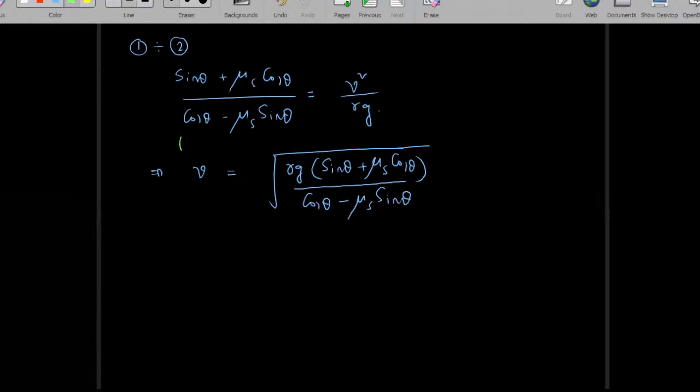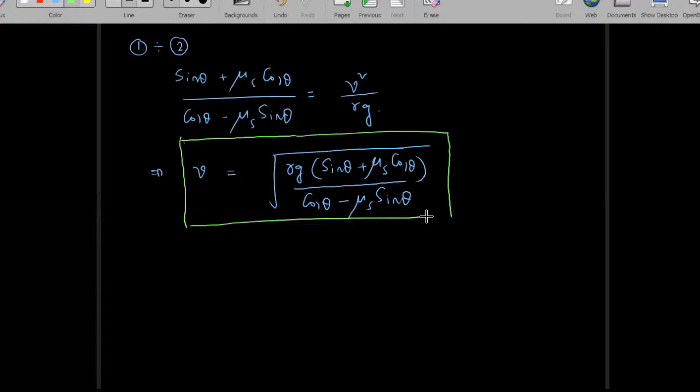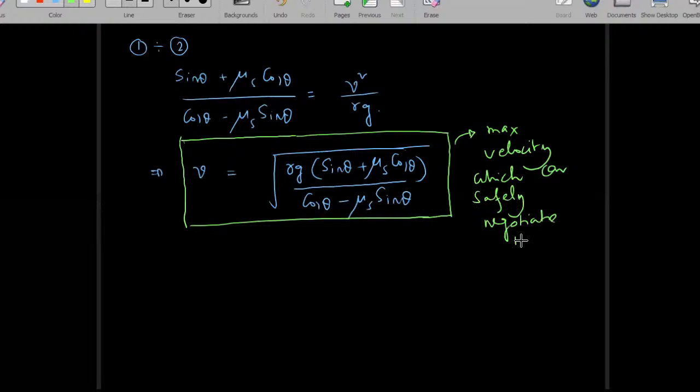Now this is the maximum velocity which can safely negotiate the banking. So I will write, this is the maximum velocity which can safely negotiate the cornering.